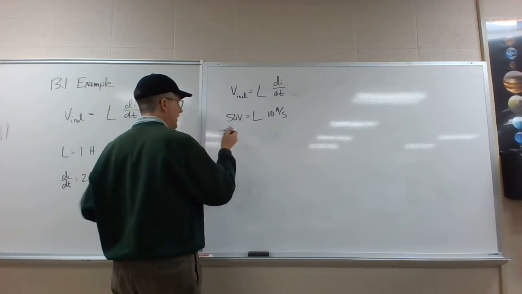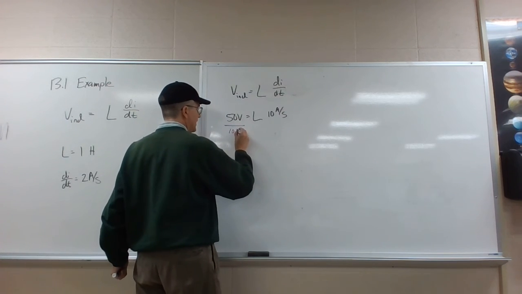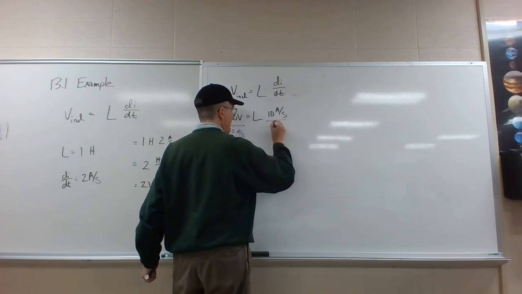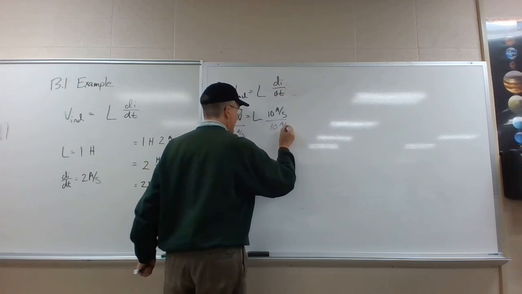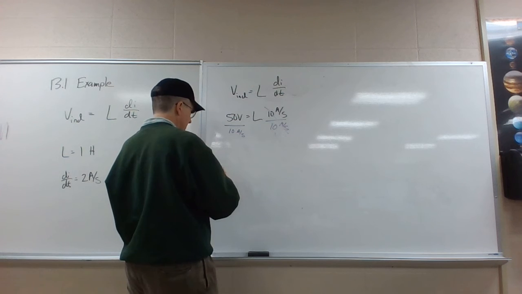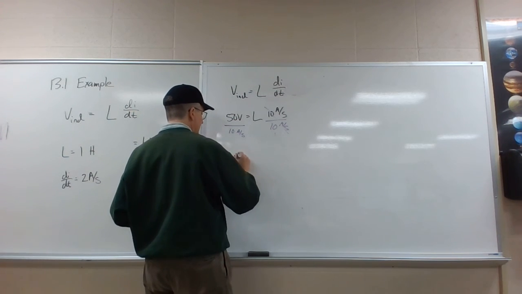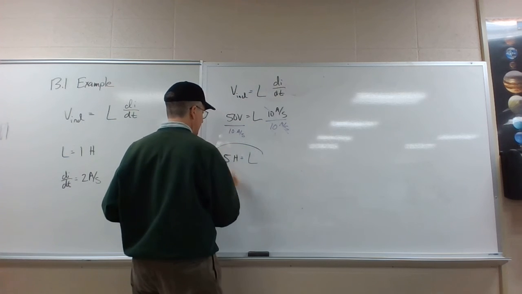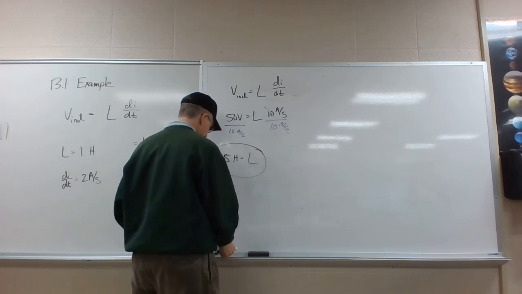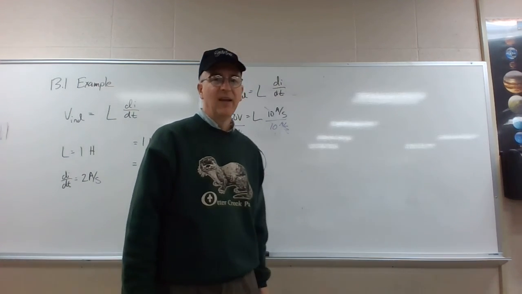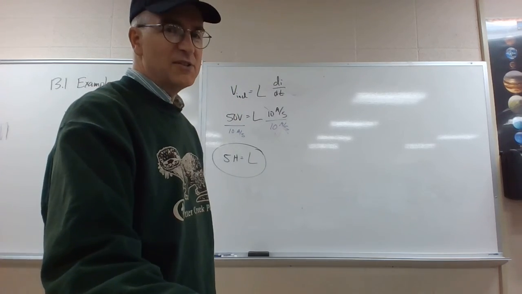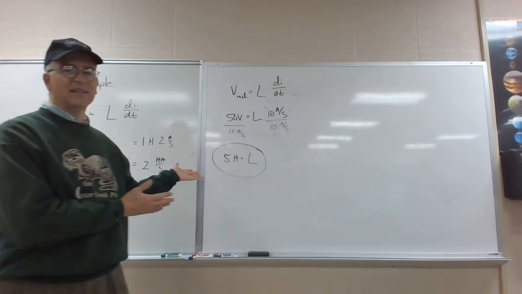So I have to divide both sides by 10 amps per second to get rid of this. So this is going to be 5 henries equals my inductance. I'm sure this is right, but I'll check the answer. And indeed, this is correct.